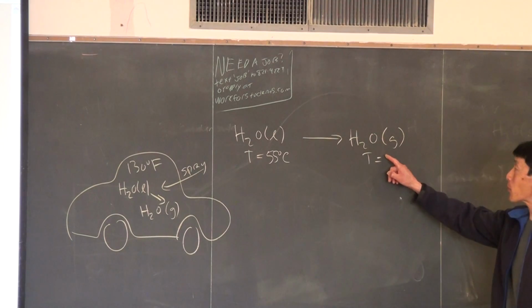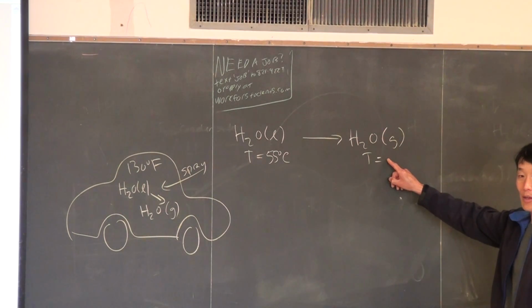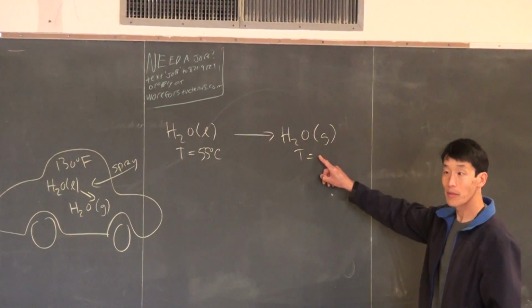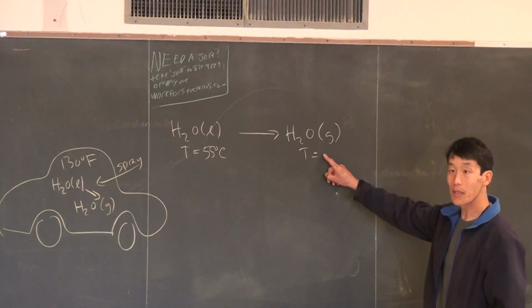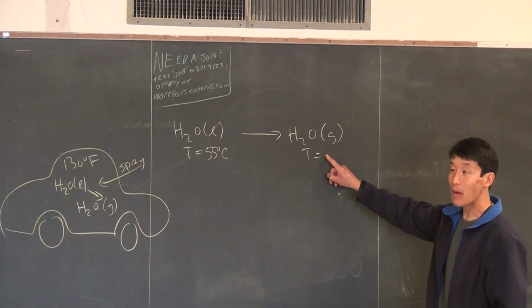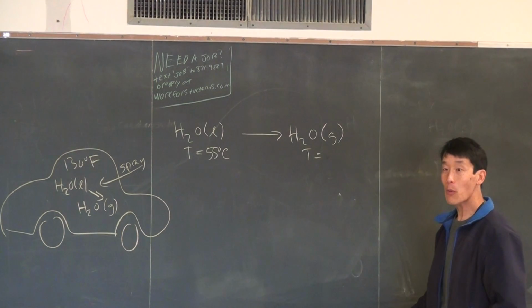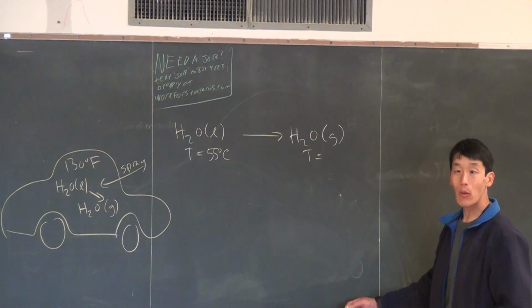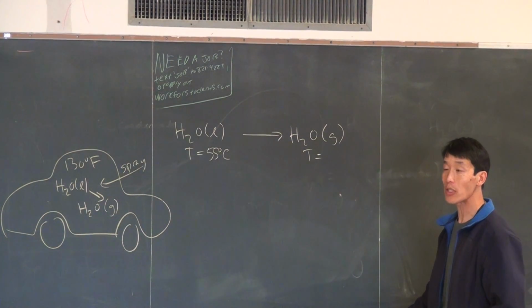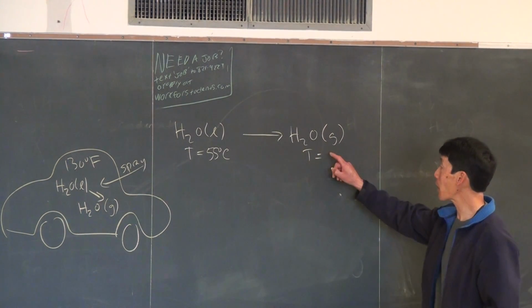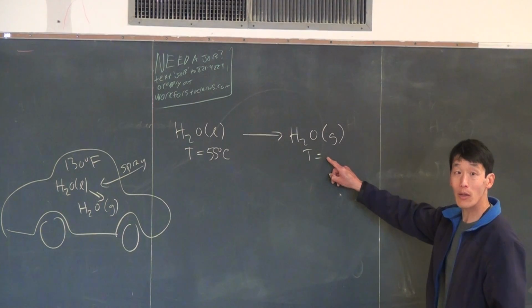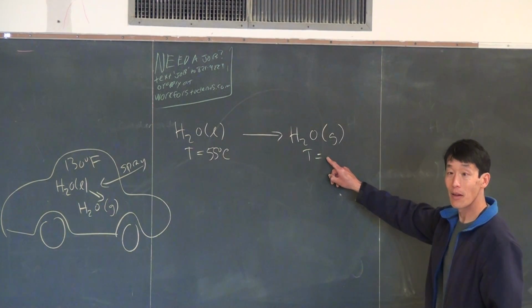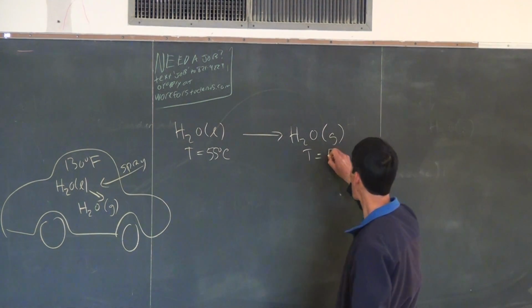And what is going to be the temperature of this gas? Now, when a liquid boils, what happens to the temperature of that liquid? Does it stay the same? Does it increase or decrease? Yeah, so that means the temperature here, if it's staying the same, should be 55 degrees.